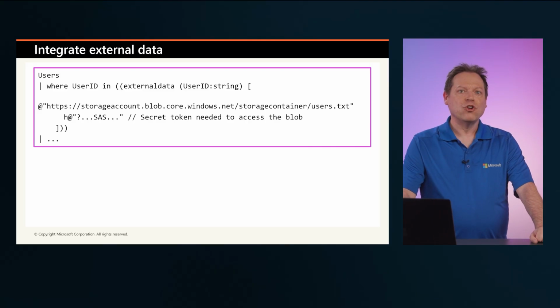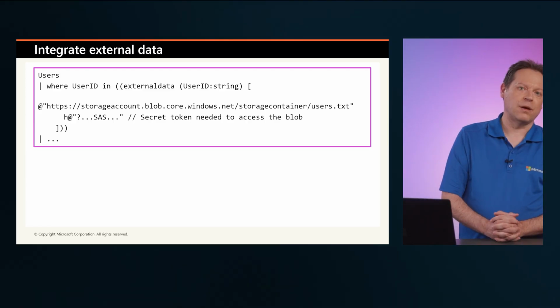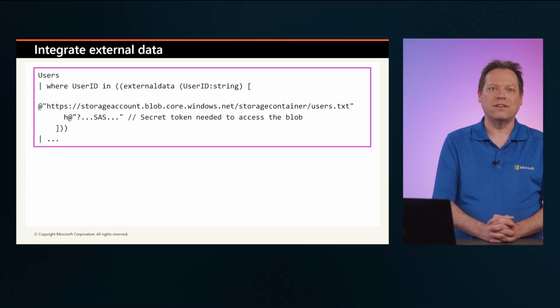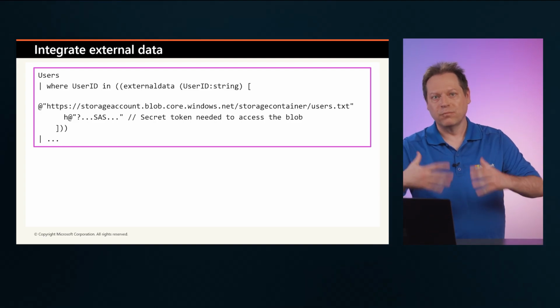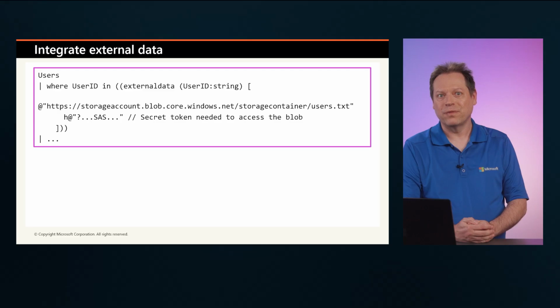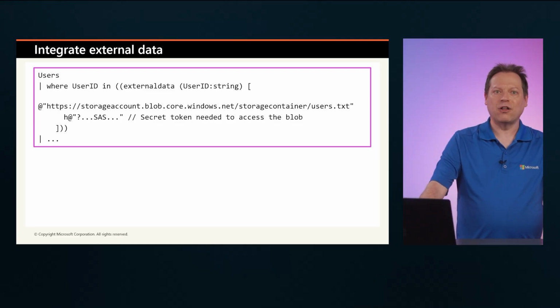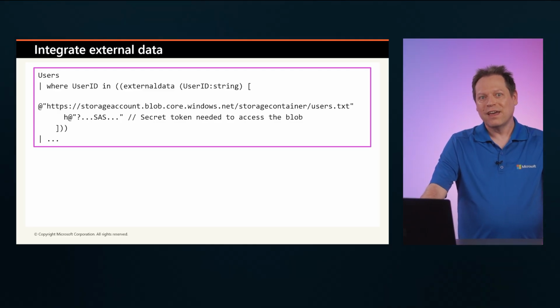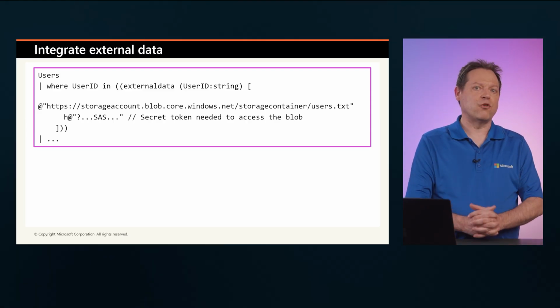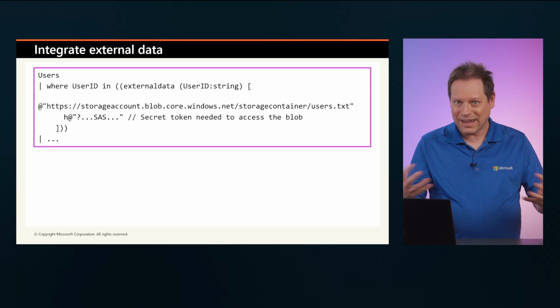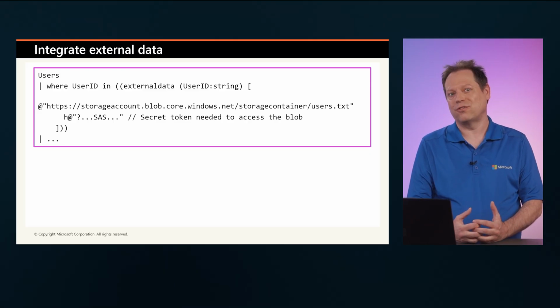For example, you might query a user table and filter where user ID is in a list returned by your externaldata UserID string, pulling values from a text file hosted in an Azure blob storage. In practice, access to that blob typically requires a secret token, such as a SAS token, so always plan for secure access control when integrating external sources.